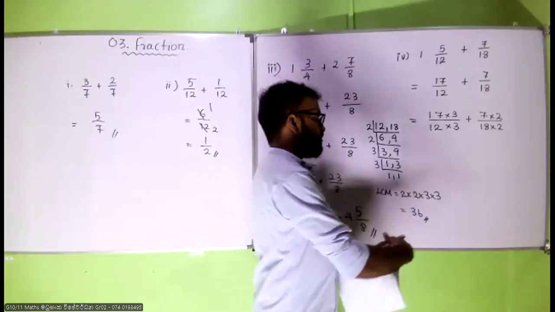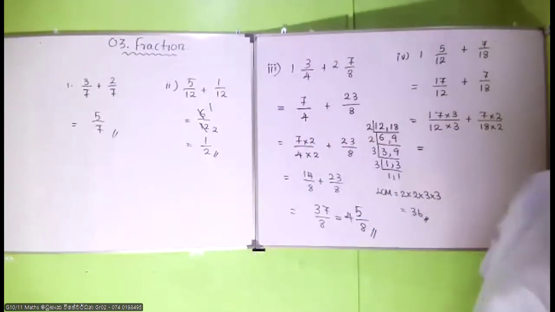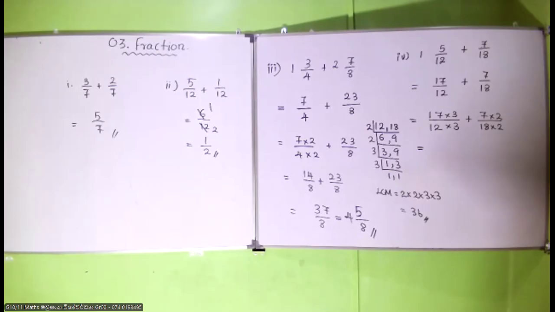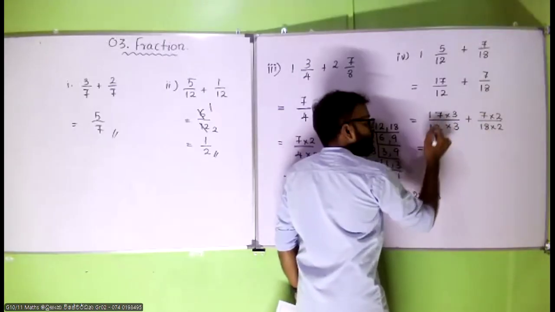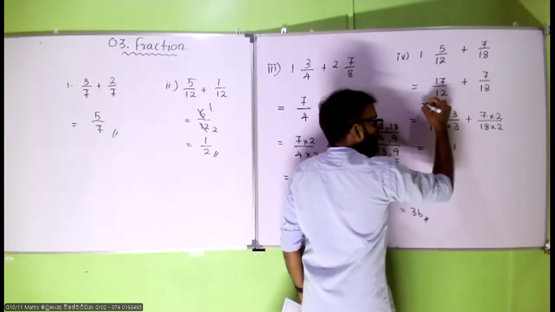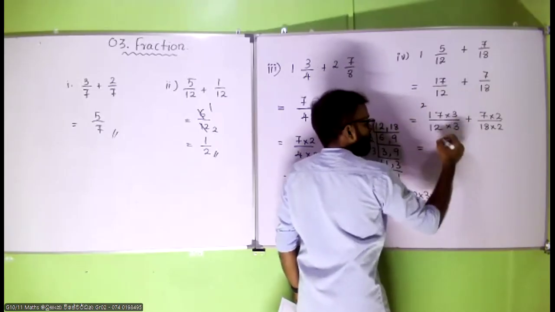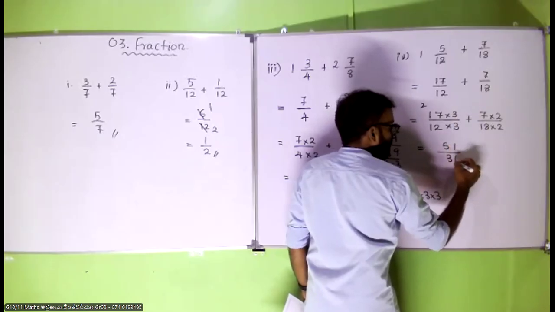So when it comes to here, this is the familiar way. So 17 times 3 means 3 times 7, 21. 3 times 1, 3, plus 2, 5. 12 times 3, 36.